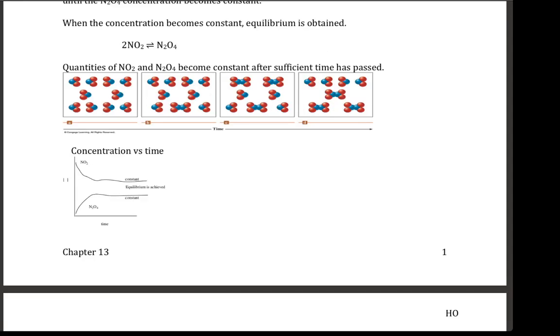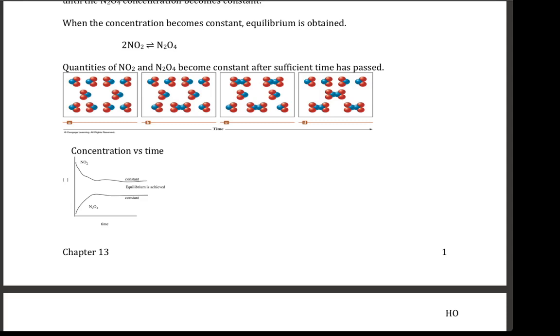There's a graph of concentration versus time, concentration on the y-axis, time on the x-axis. Notice that we started with NO2, so we have that. Its concentration decreases as time goes on. The N2O4, we had none to start with, but its concentration increases as time goes on until they become a constant amount.